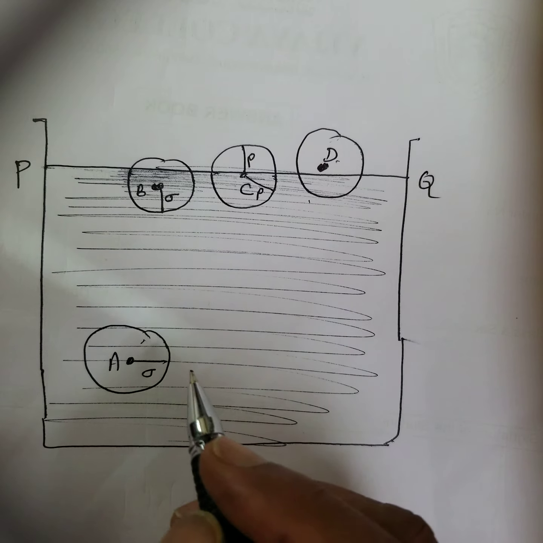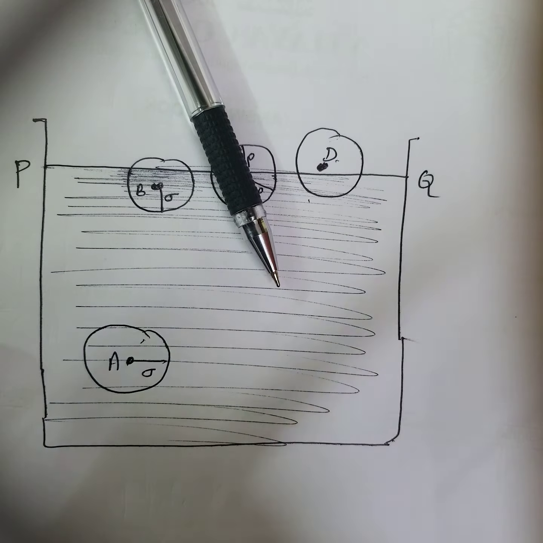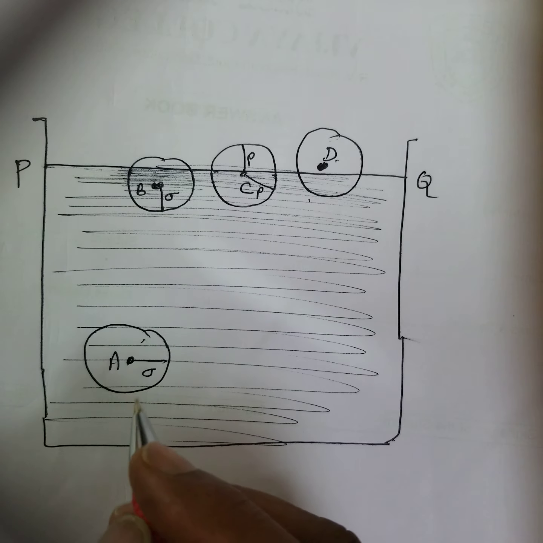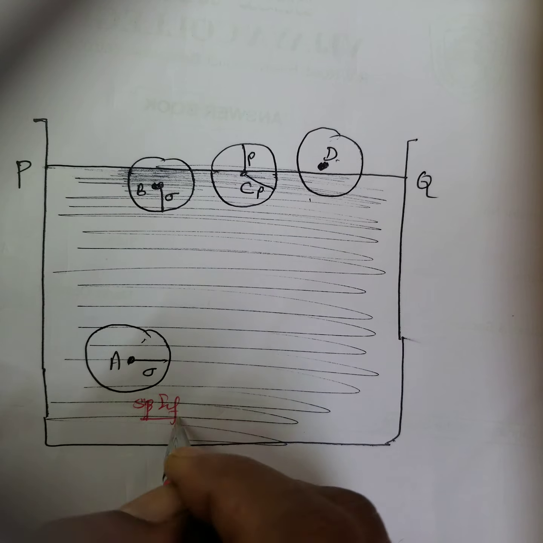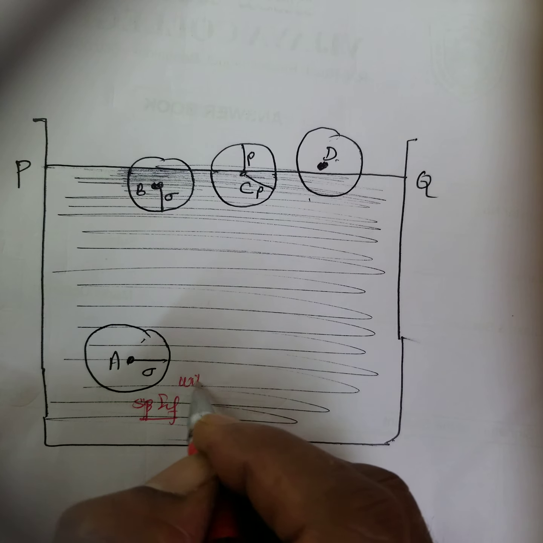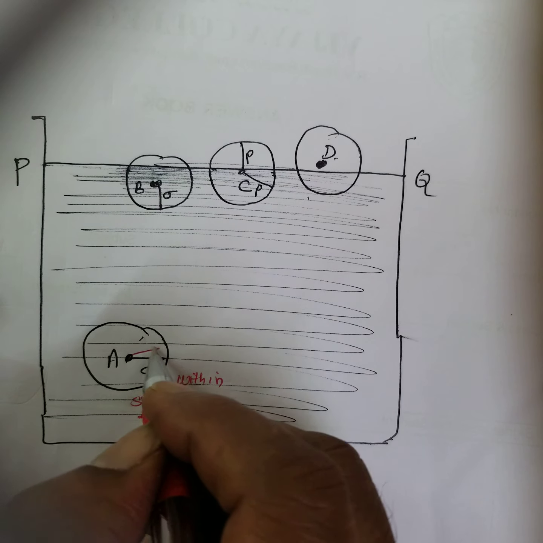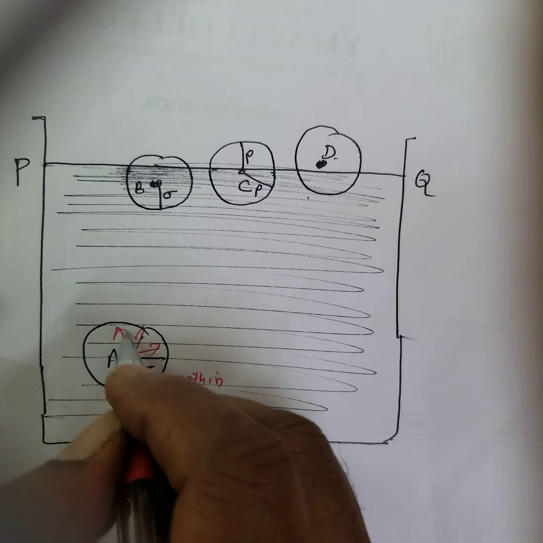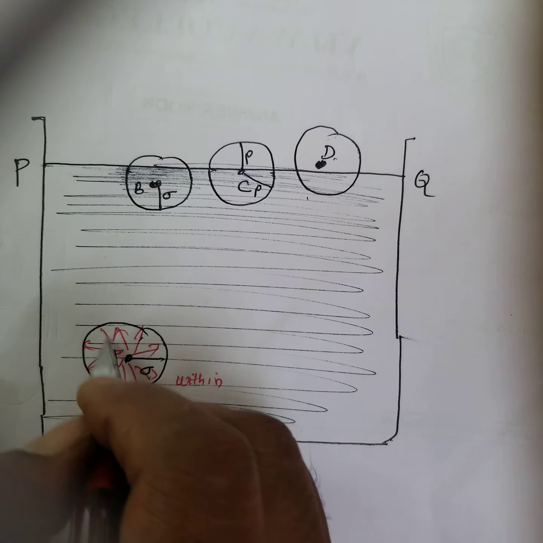A sphere of influence at A is well within the liquid. Here, sphere of influence is well within the liquid. Therefore, what happens? The other molecules surrounding A attract it.